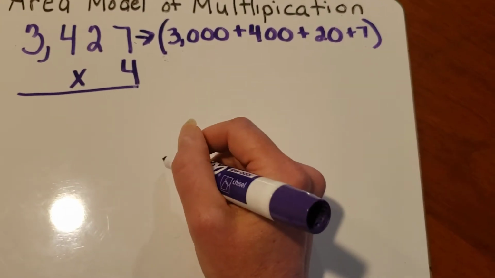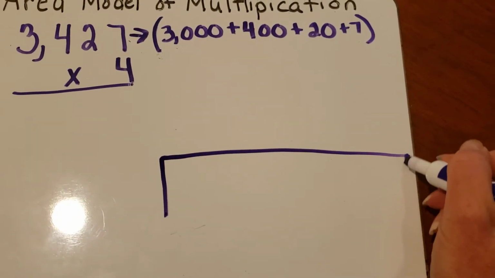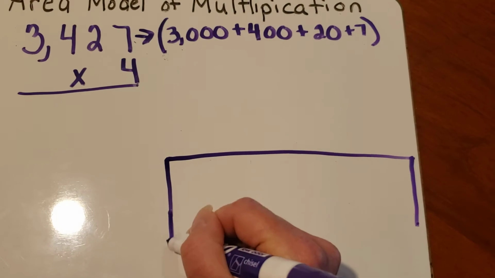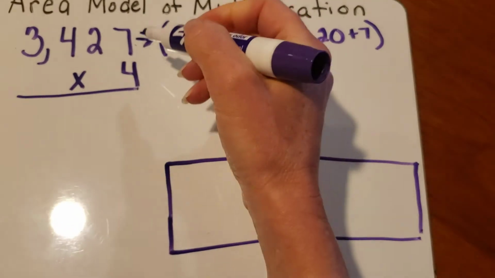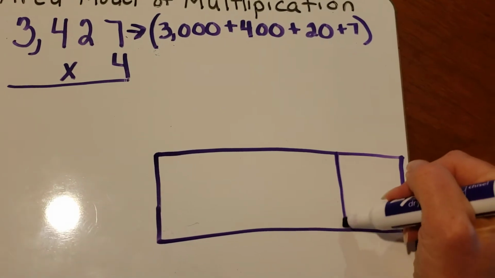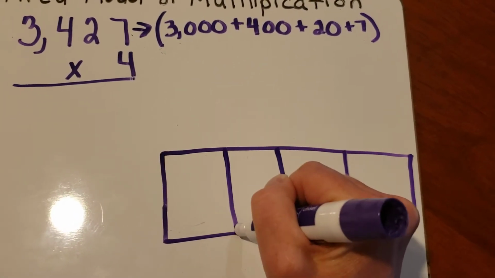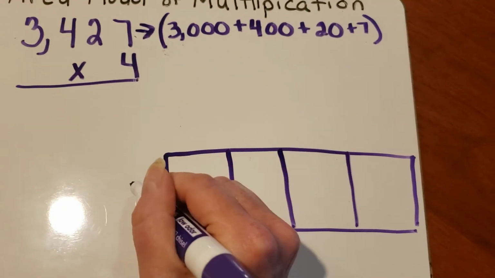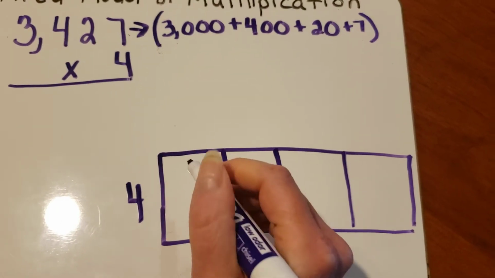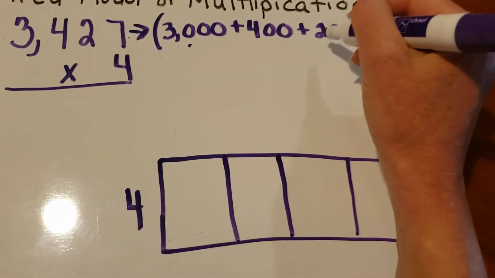So the pattern that we're going to notice is down here. When we draw this large rectangle, because we're dealing with a 4-digit number up here, we're going to make 4 boxes. Now again, the single digit number 4 will go on the side, and we are going to be bringing down the 3,427.